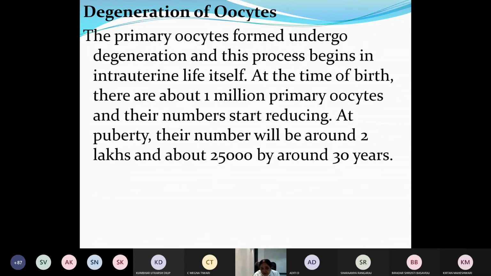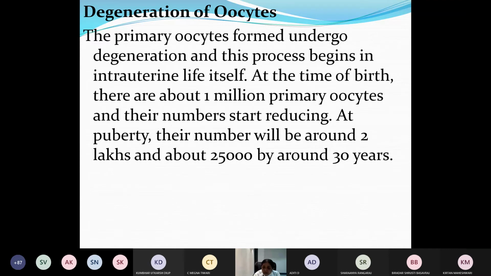At the time of birth, there are about 1 million primary oocytes, and their numbers start reducing.